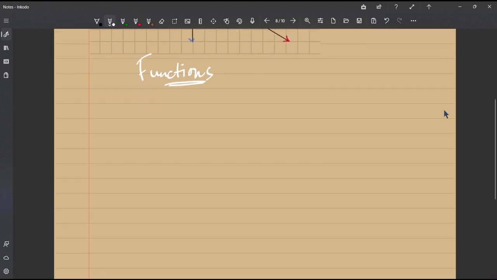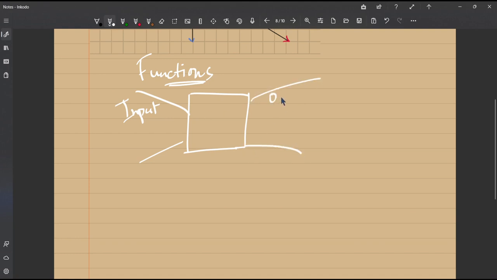So functions can be thought of as a computer that takes in inputs and gives you outputs. That's what basic computers do, right? So it takes in some input and gives you an output, but here I am specifying that functions have to give me a single output for every single input.